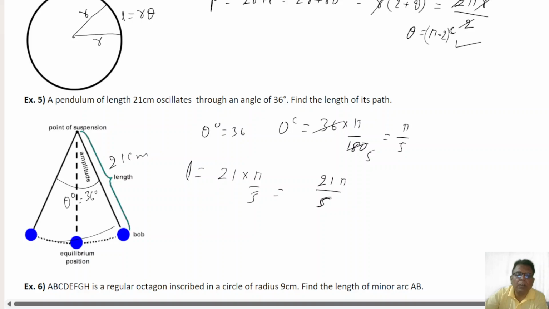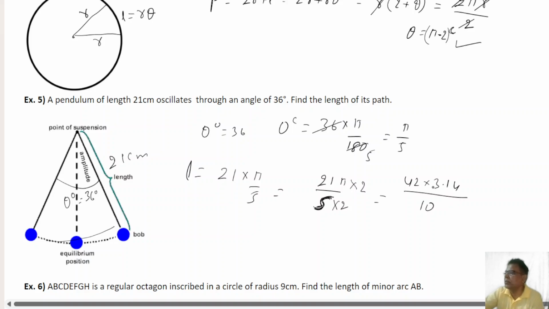Now I'll tell you one technique of dividing. If you see 5 in the denominator, you multiply by 2 in the numerator and 2 in the denominator. So it will become 42 into 3.14 divided by 10.